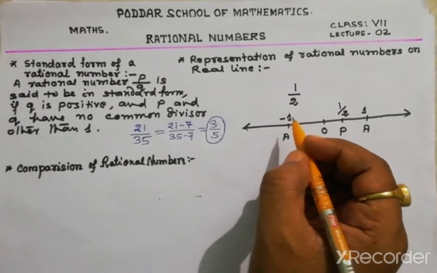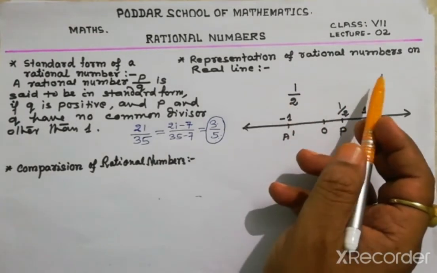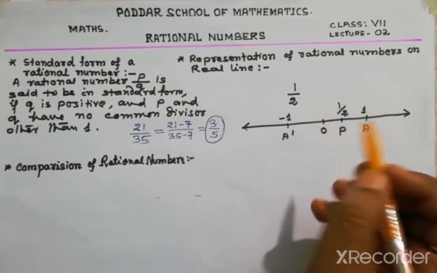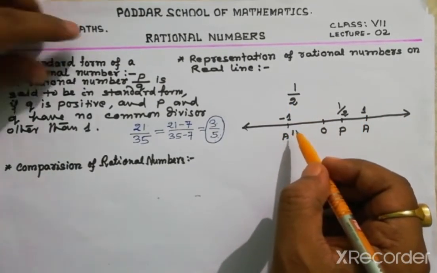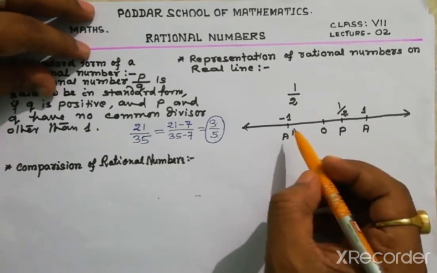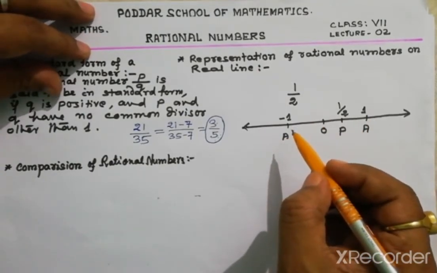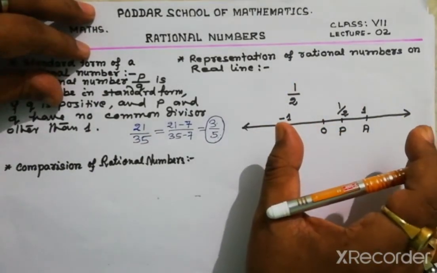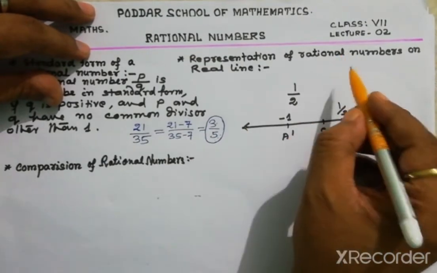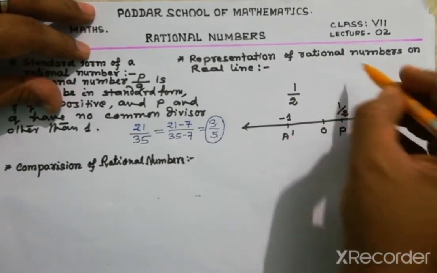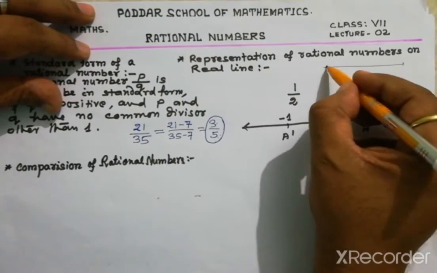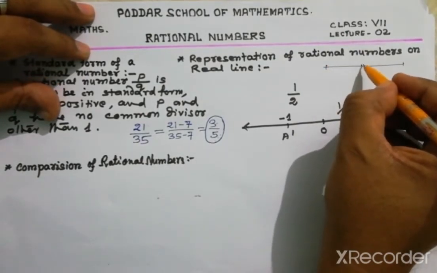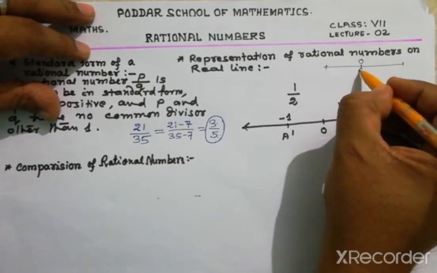Second thing is representation of a rational number on the real line. How to represent a rational number on the real line? In the previous class, we have learned how to represent integers on the number line. Let us review it. We have to draw any line like this, and we take a point O, and suppose it is 0.